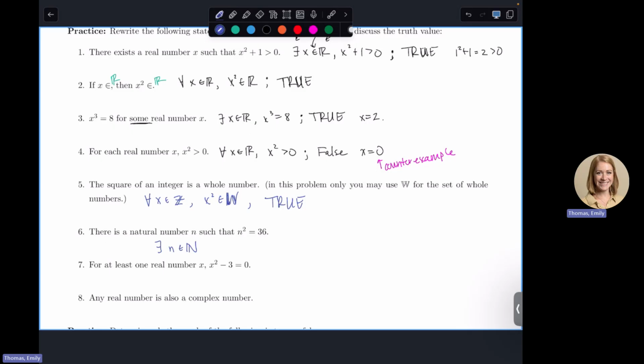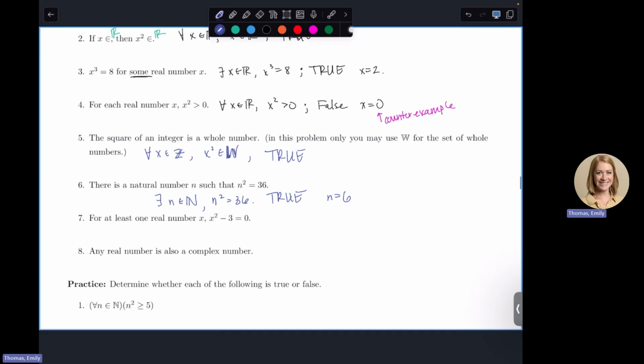You wouldn't start at 0 unless you're some sort of monster, or at -2. You would start at 1, which is where the natural numbers start. So there exists a natural number such that n squared is 36. True. Good, when n equals 6. Okay, let's keep going.